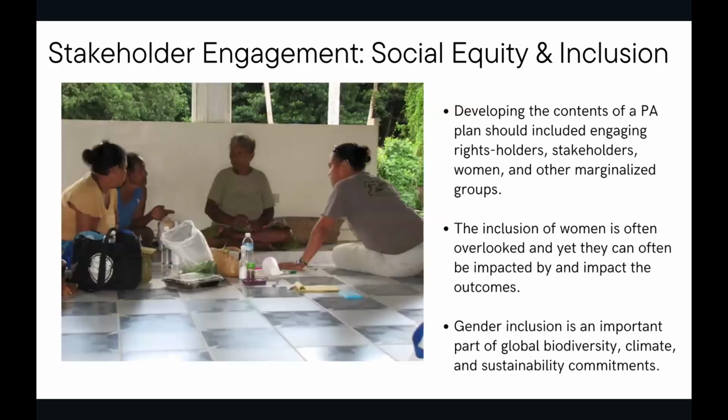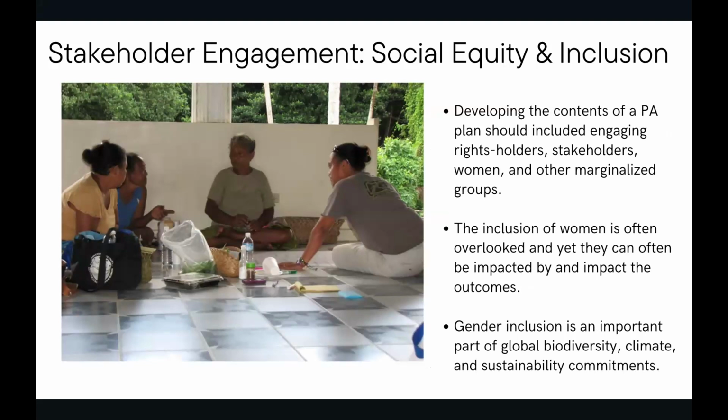So while protected areas in Micronesia have mainly been established through community-based planning to ensure that local people are fairly included in decision-making, it's still important to think about and discuss social equity and identify potential areas that could be improved.